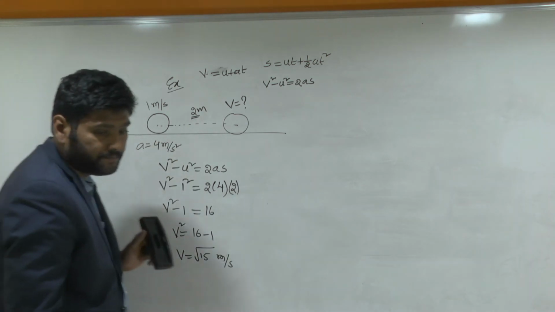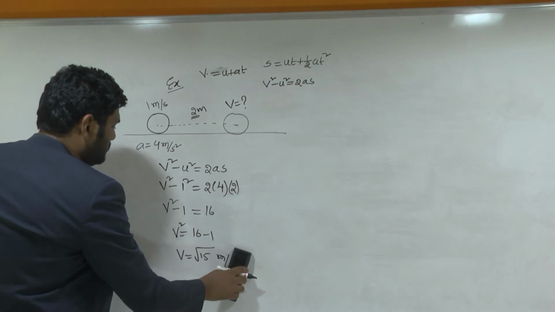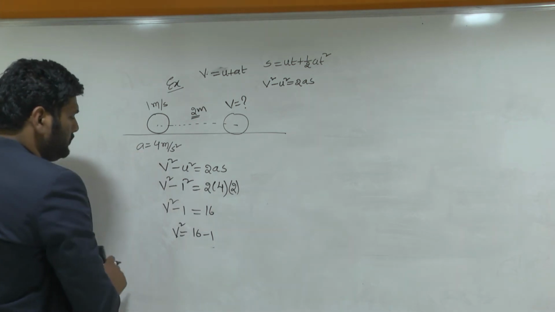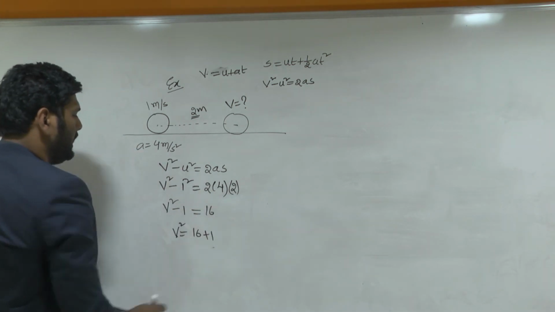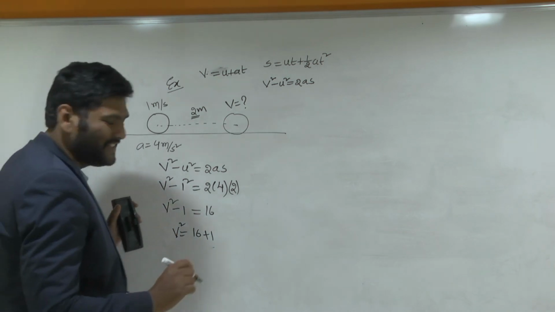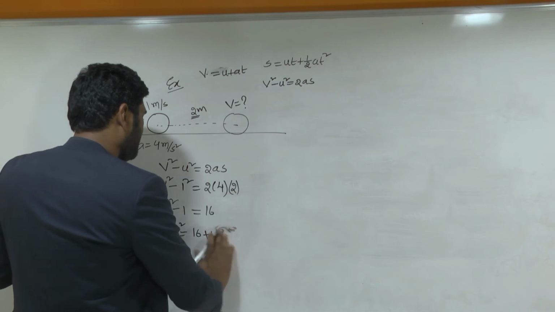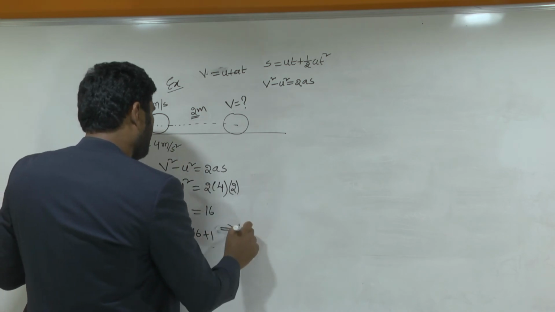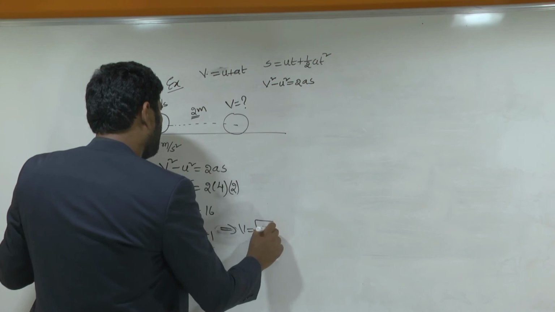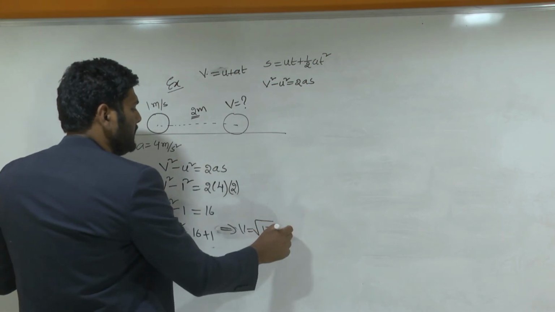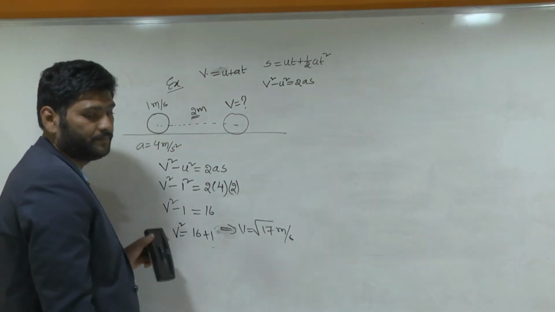Amma? Because we are transposing, we should take it 16 plus 1. Yeah, you are right. So v is equal to under root of 17 meter per second. Very good.